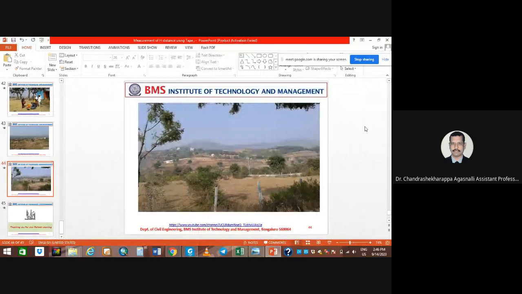So this is all about the procedure, how to conduct the experiment, how to perform in the field, taking the readings from the tape, from the crash tabs, and how to establish the grids using the crash tabs, particularly at 90-degree angles.